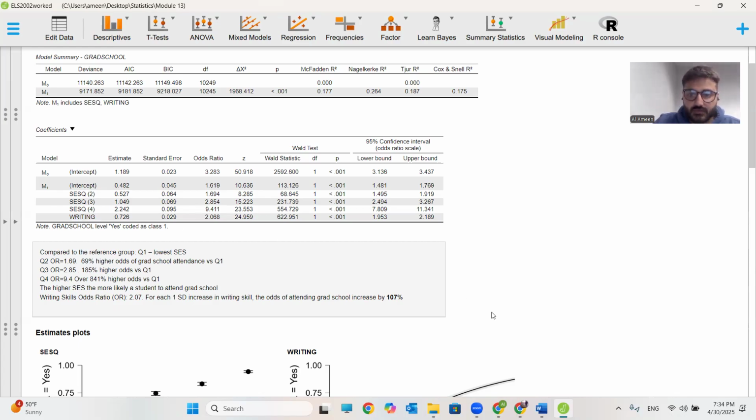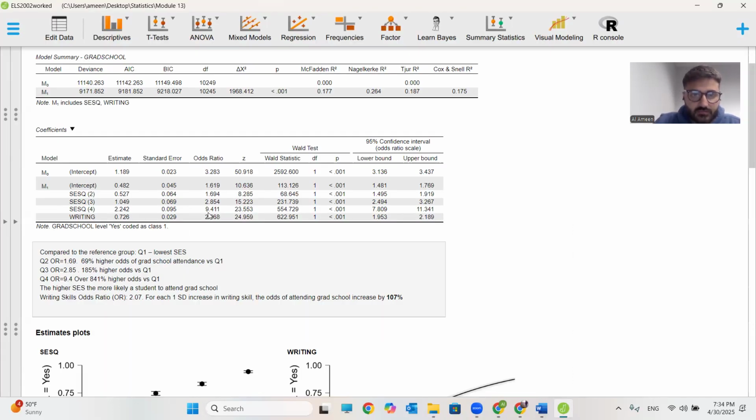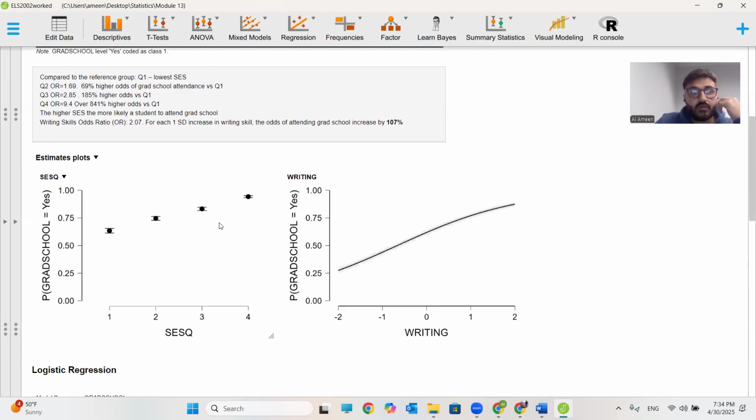It's also asking me to regress it on writing. If we look at writing, the odds ratio is 2.07, which tells me that for each 1 standard deviation increase in your writing skills, the odds of you attending a grad school increase by 107%. We look at some plots over here. They tell the same story.